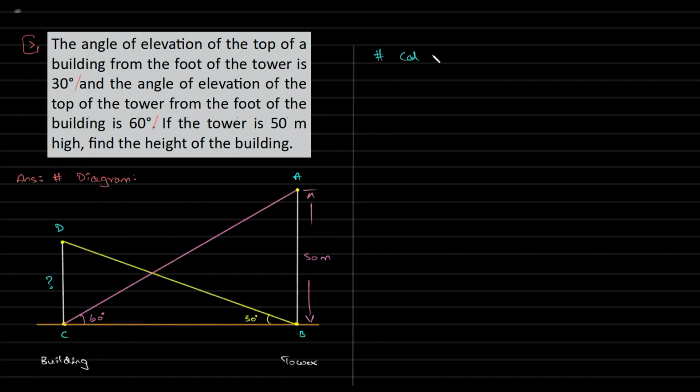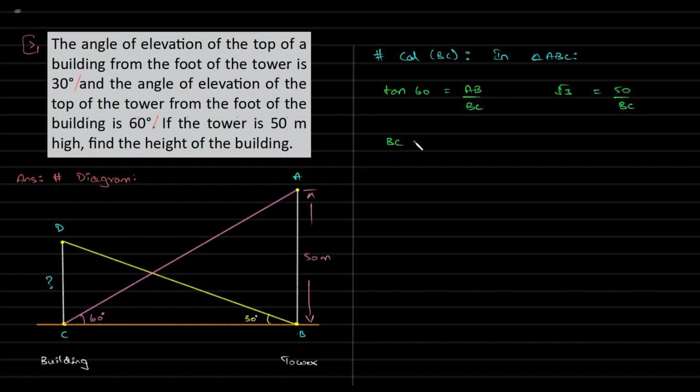Let's calculate BC or CB from triangle ABC. So we have tan 60 degrees is equal to opposite by adjacent. So this is root 3 is equal to 50 by BC.